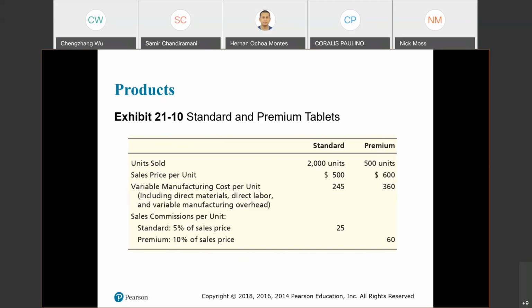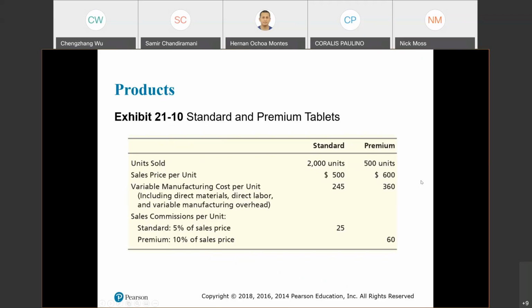So, in addition to sales price and variable costing, we can also see the sales commissions per unit.